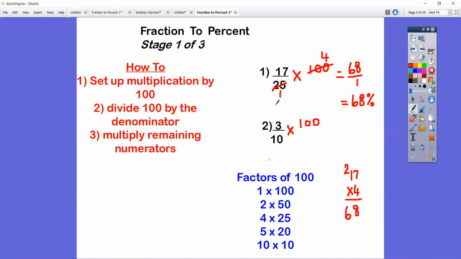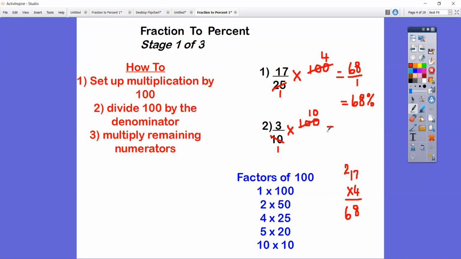Step 2, we're going to divide the 100 by the denominator. So 10 divided by 10 is 1. 100 divided by 10. Remember, we're dividing this 100 by the denominator. 100 divided by 10 is 10. This is step 2.